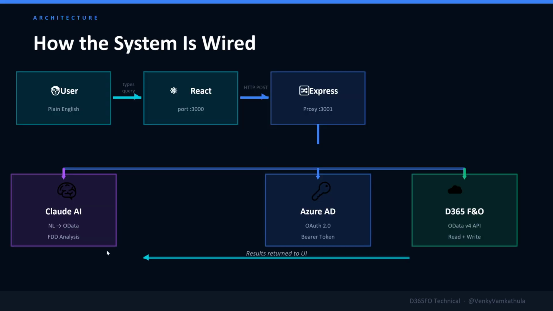How it works at the architecture level: a beautiful React user interface connects to the Express proxy, and from there it connects to Claude AI for natural language purposes. The LLM extracts the intent, Azure AD authentication is also added, and D365 F&O is used to retrieve the data.